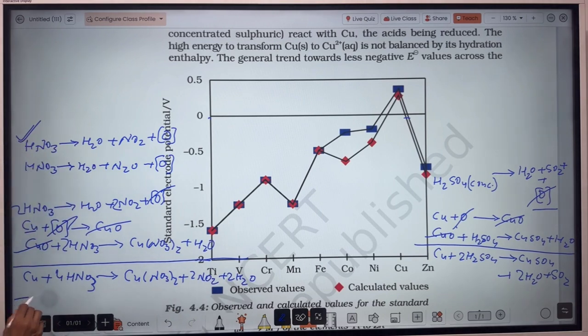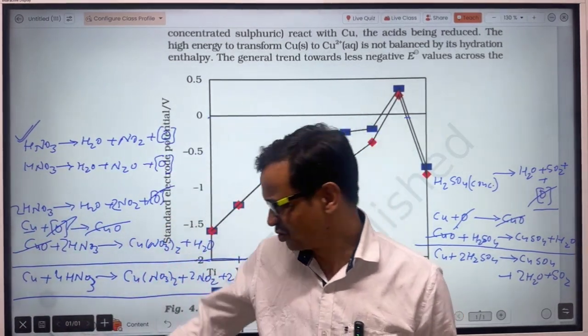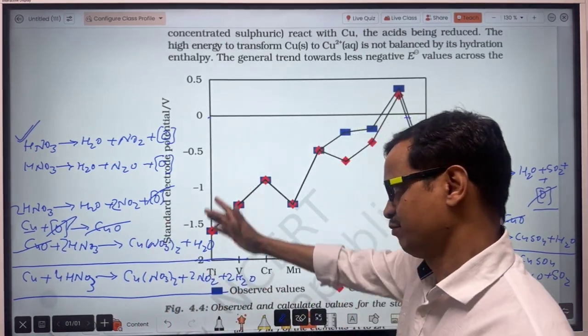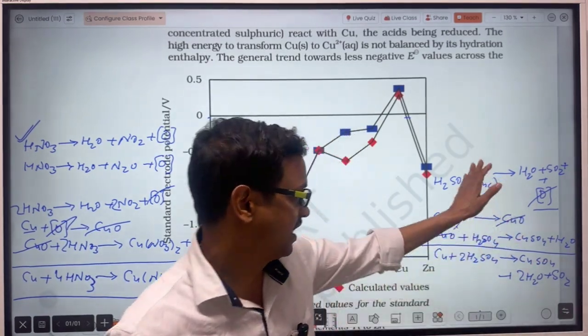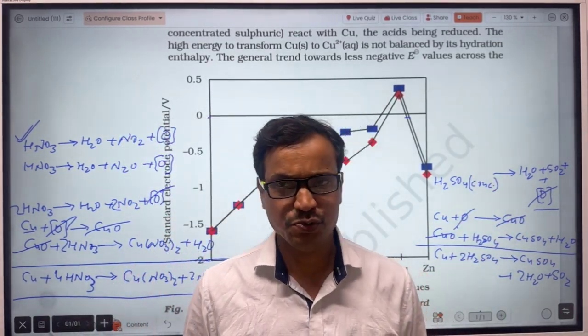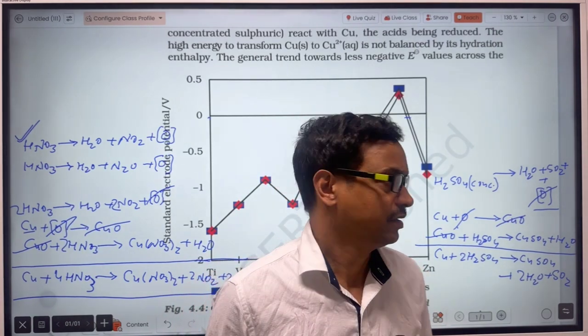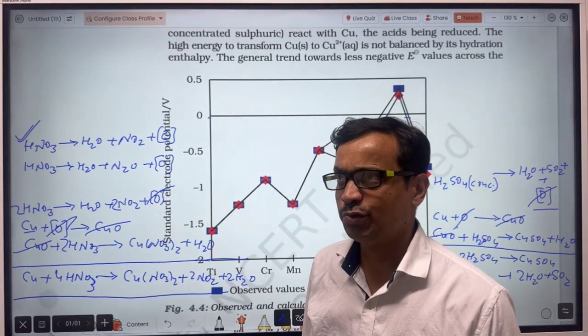This is the overall reaction. I hope you understood this one. This one is not in the NCERT book, but why that happened, there is. So that's why I have taught you why copper doesn't react with HCl, but reacts with H2SO4 as well as with HNO3.